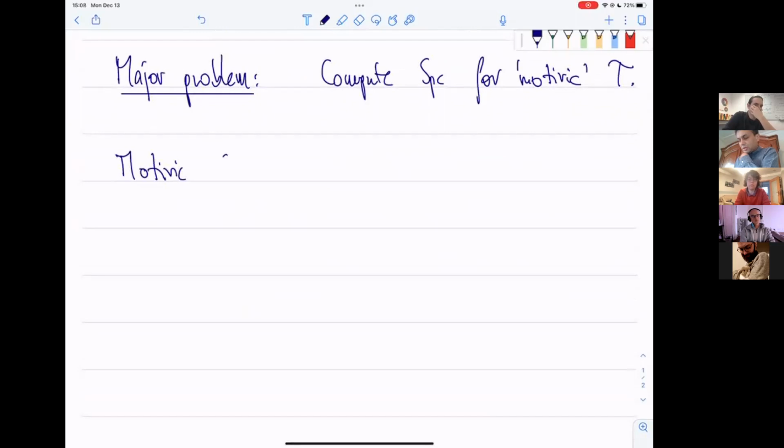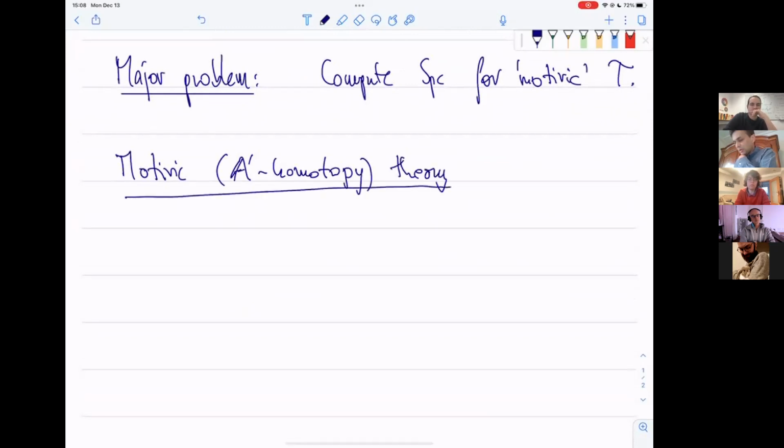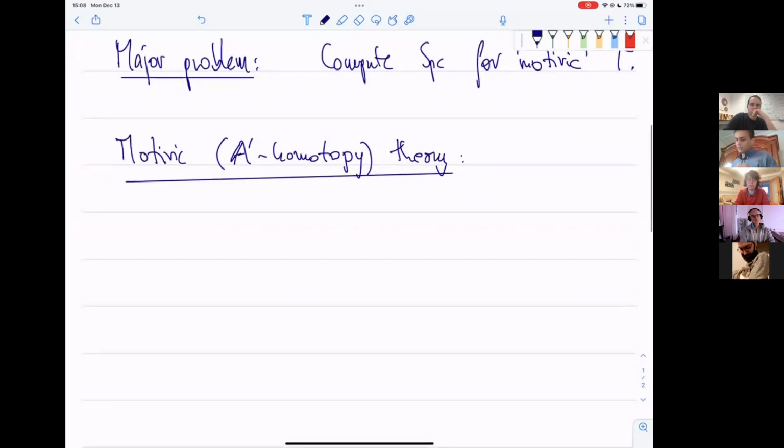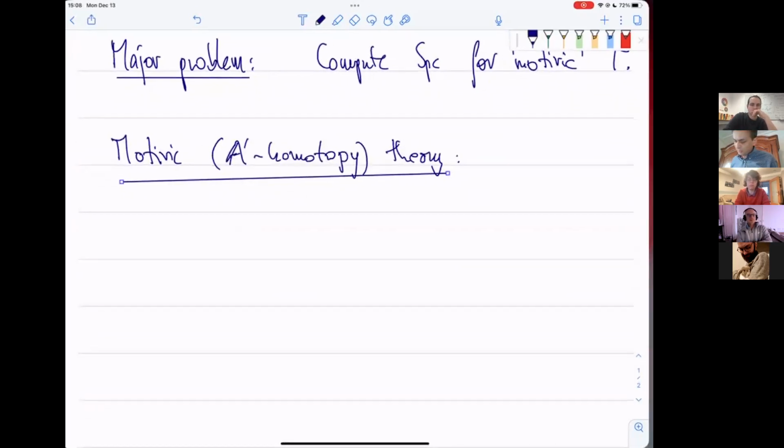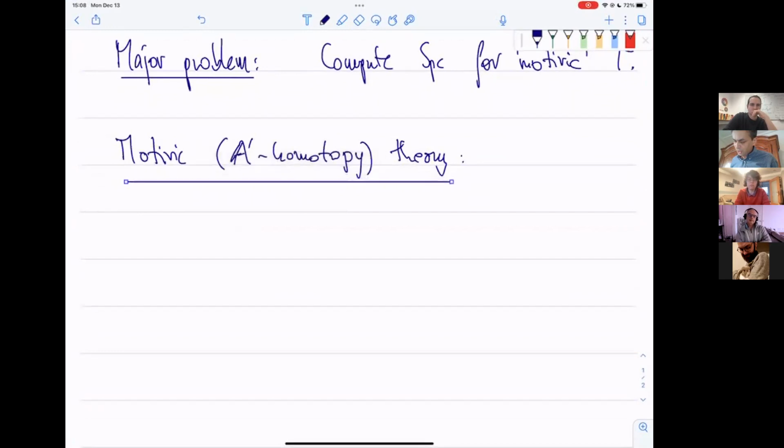Motivic, which is sometimes referred to as A1 homotopic, so it depends a bit on the emphasis. Motivic theory, but they have things in common, and essentially what they have in common is you start with a kind of wish list, and you change a little bit the realization of your wishes. So let me present it a bit like that.